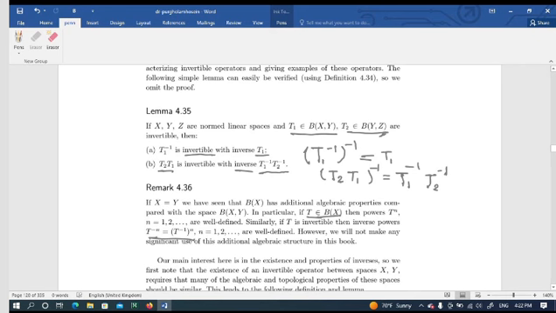So if T is invertible, the inverse of T power n is denoted by T power minus n, and is the minus 1 of T power n.